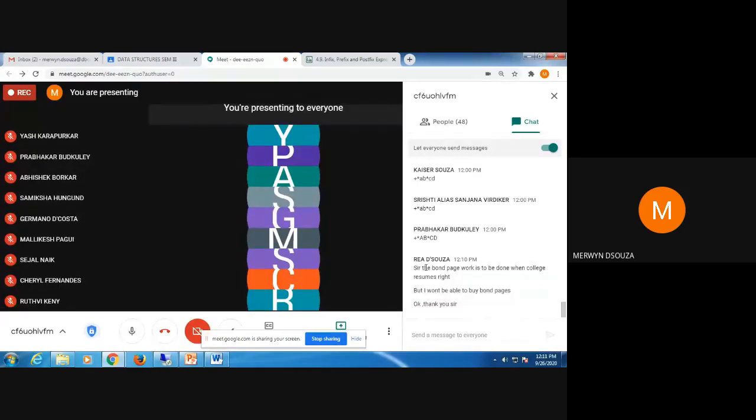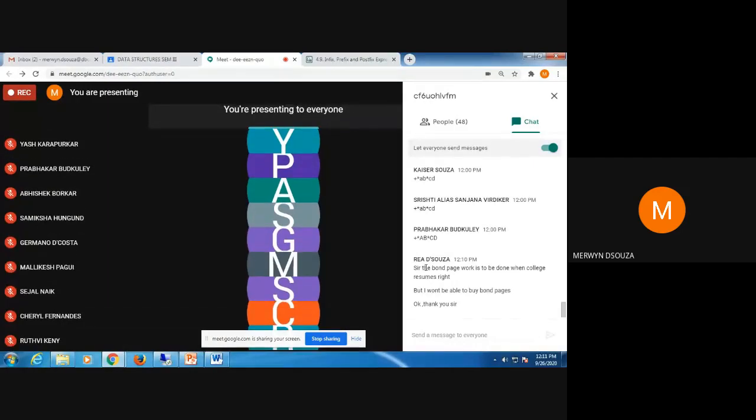Like I told you again, regarding printouts, please don't worry your parents to go out and take printouts. Printouts you can take in college when you join back if you don't have a printer. I don't want you to go outside or put yourselves or your parents at risk. Any difficulty you face, share it with me and we'll try to solve it together.